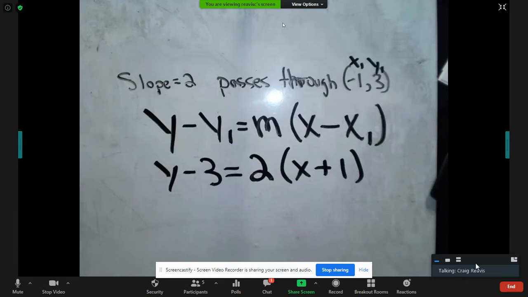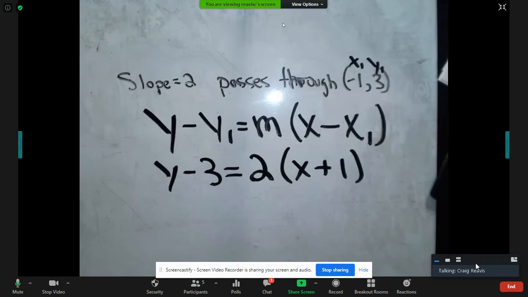Right there, that answers the A part. The next part says they want it in slope intercept form. Slope intercept form is whenever we solve it for y, get the y by itself. For all of these that we put into point slope form, there are two steps.